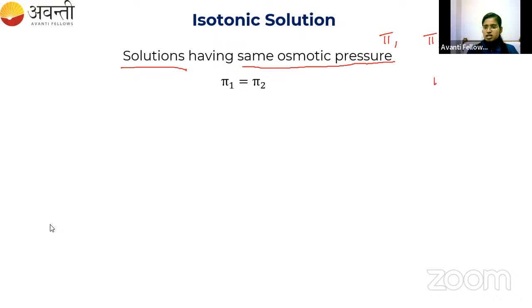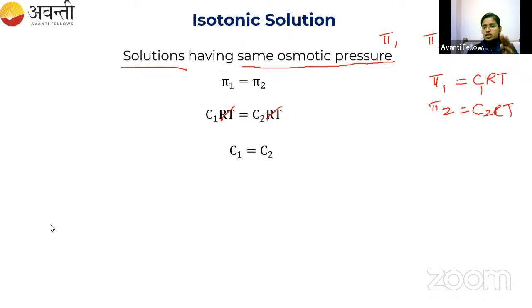We know that pi is equal to CRT, so pi 1 is equal to C1RT and pi 2 is equal to C2RT. If the left hand sides are equal, then I can equate the right hand sides. RT is the same, so I can cancel it out. So C1 is equal to C2. The concentration of solution 1 is equal to the concentration of solution 2.